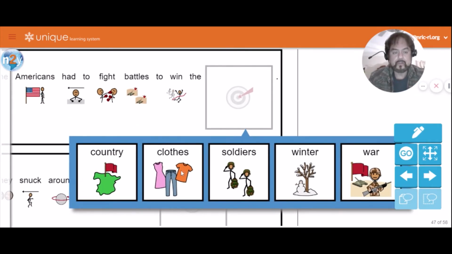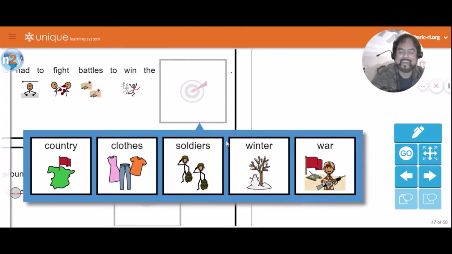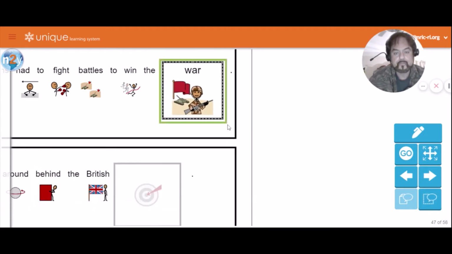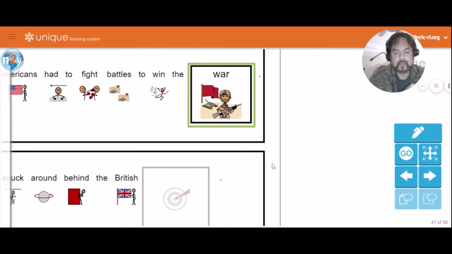Fight battles to win the clothes? That's silly. They had to fight battles to win the soldiers. Not quite. They had to fight battles to win the winter? No. They had to fight battles to win the war, right? Right. Green means correct.